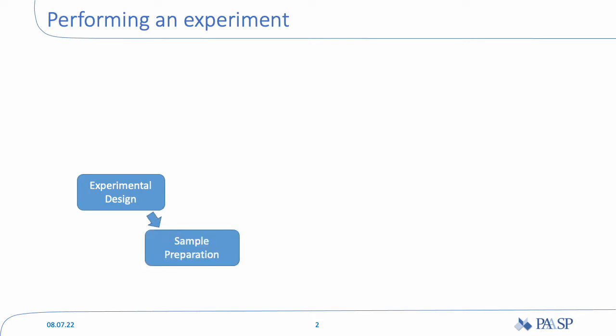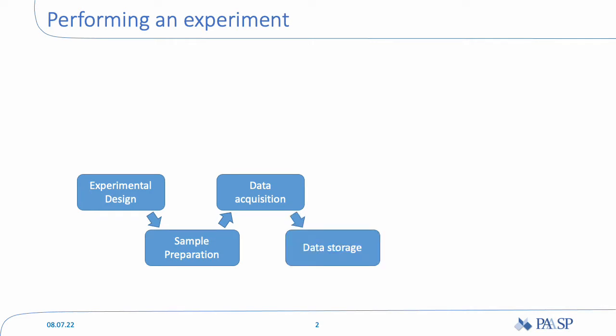Normally we start with the experimental design or planning stage. Then we prepare samples or perform the experiment, which results in data acquisition. These raw data have a special role, as explained in the previous presentation, and need to be stored somewhere.